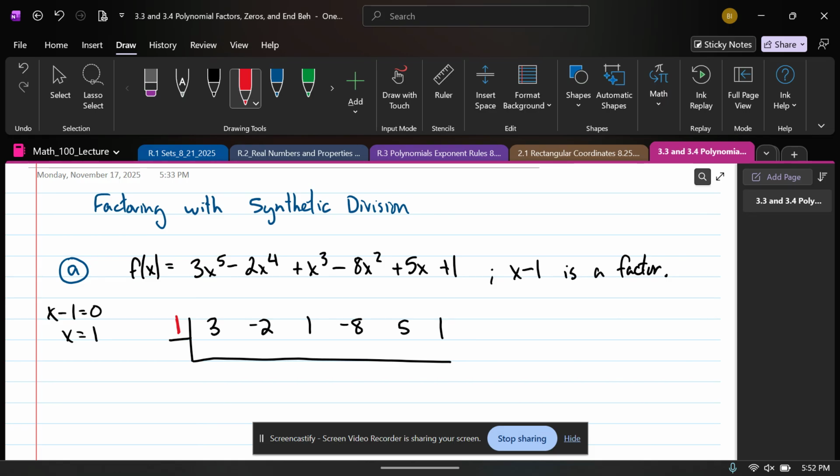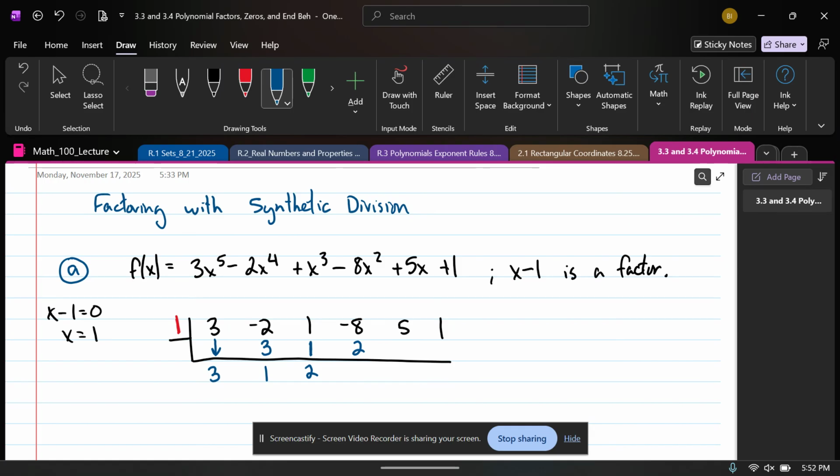The first step, if you remember from last week, is to drop that 3 down. Then you multiply 3 times 1, and then you add that column up. -2 plus 3 is positive 1. Then you multiply again. 1 times 1 is 1. Then you add that next column, so that's 2. Then we multiply. 2 times 1 is 2. We add that column together.